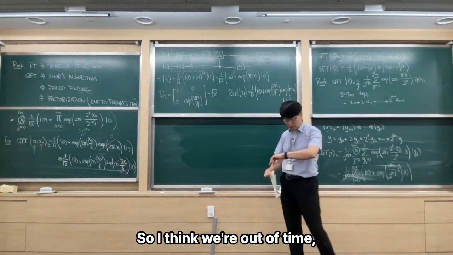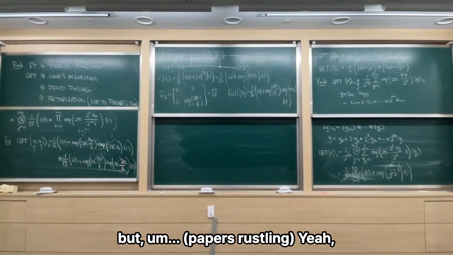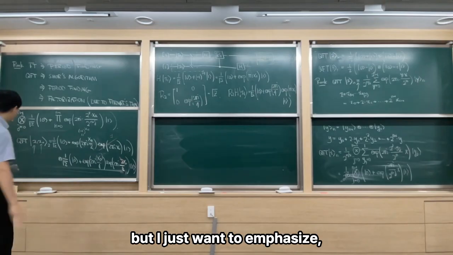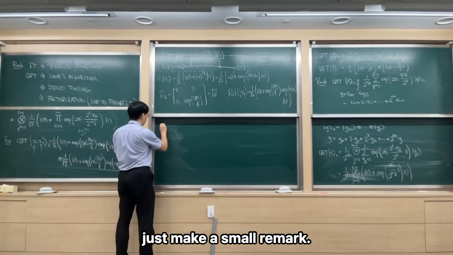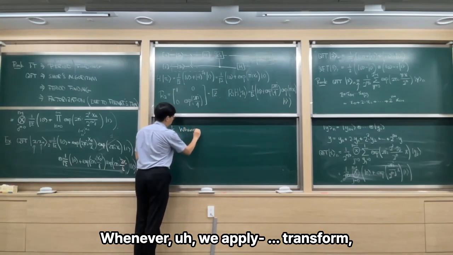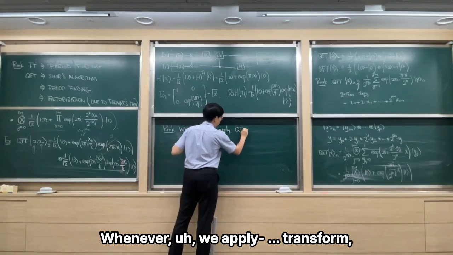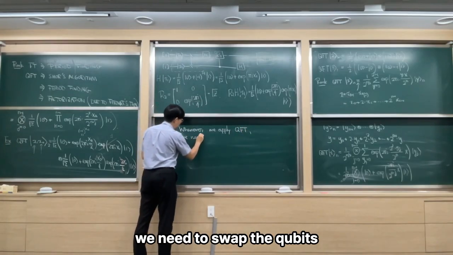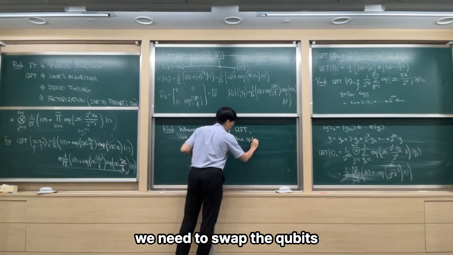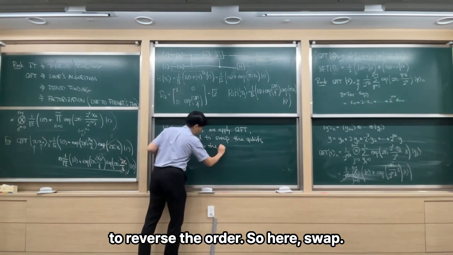Okay, so I think we're out of time, but we can extend it to an n-qubit state, and I just want to make a small remark. Whenever we apply the quantum Fourier transform, we need to swap the qubits to reverse the order.